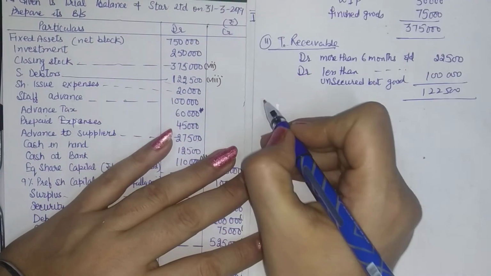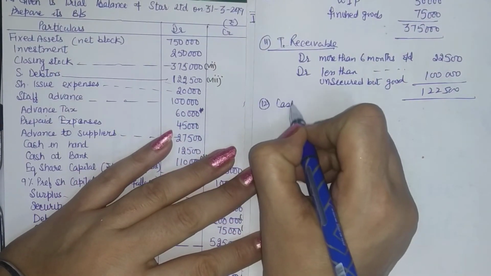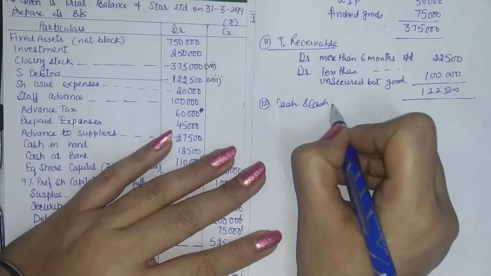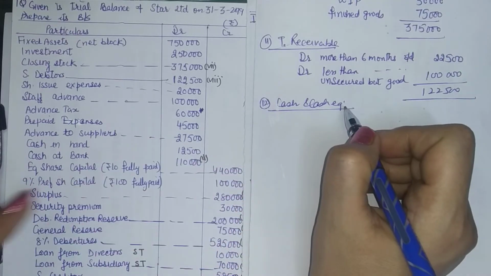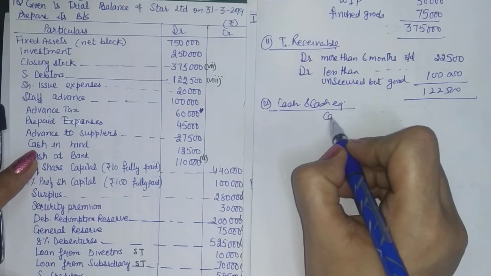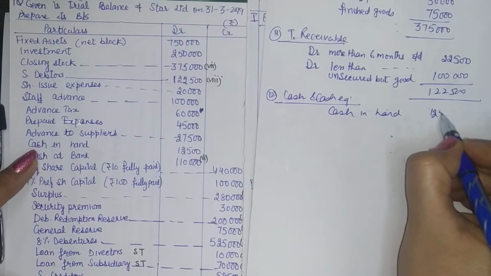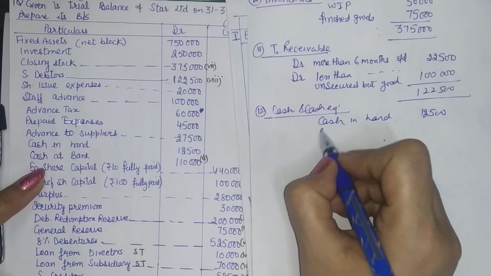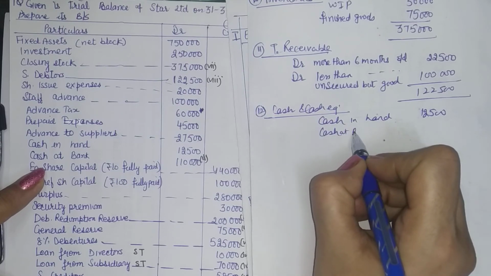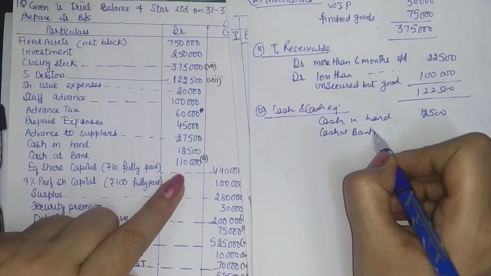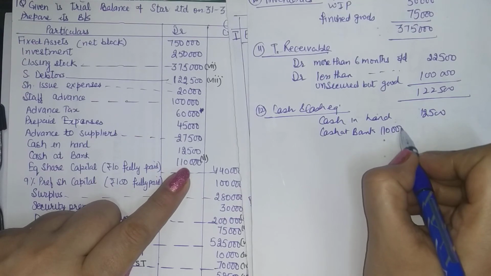So in cash and cash equivalents, we have cash in hand 12,500. Then you have cash at bank, but with the bank we have some adjustment here, so we need to look at that. What was that?